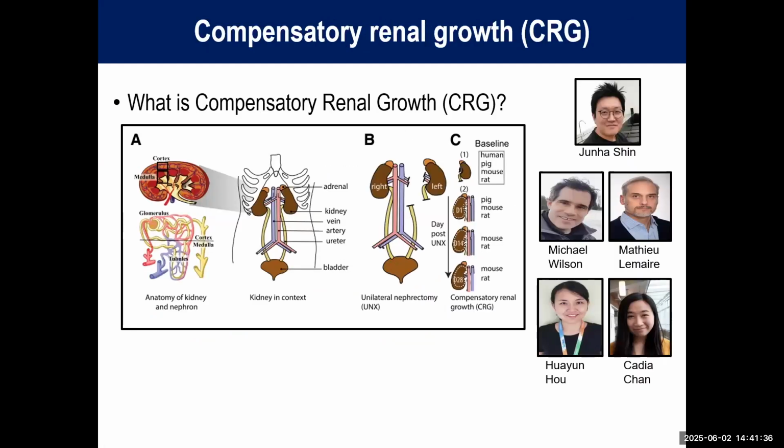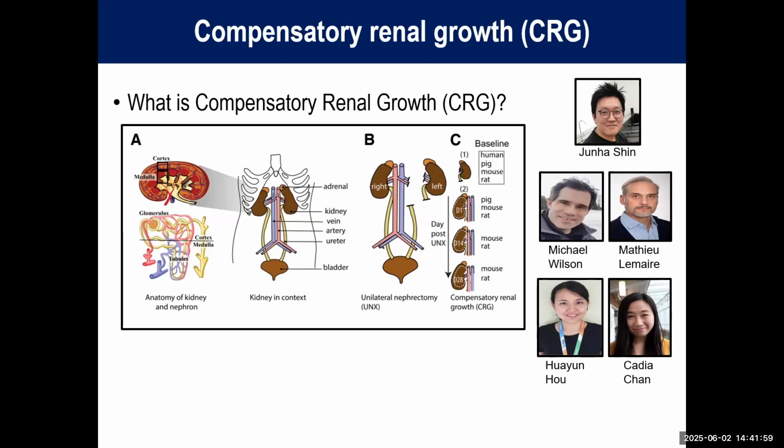The second project, which I'm more interested in, is compensatory renal growth in kidney, CRG for short. Now, what is CRG? Kidney, as we know, is a very complex organ, and a lot of things are going on in it. If a person donates one kidney, the second kidney temporarily grows bigger.